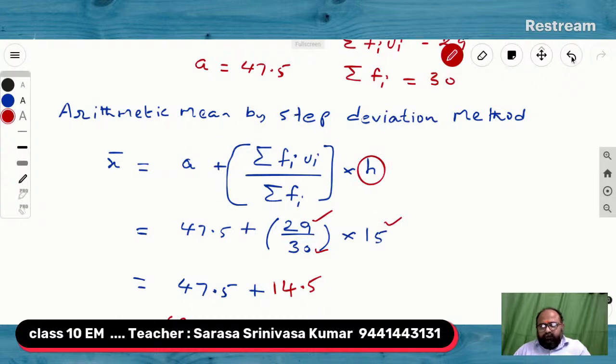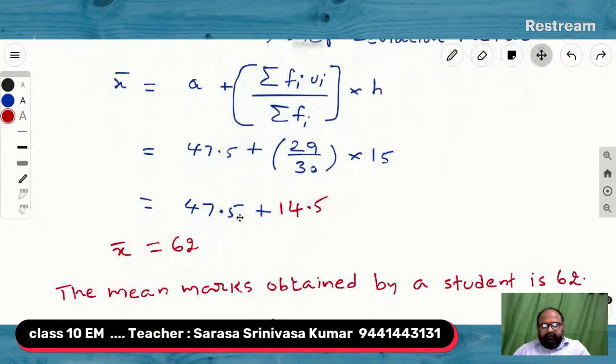After simplifying this we get 47.5 plus 14.5. So the total is 62. X bar is 62. Now we write the step: the mean marks obtained by a student is 62. So this is the step deviation method.